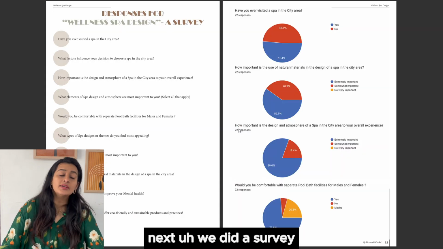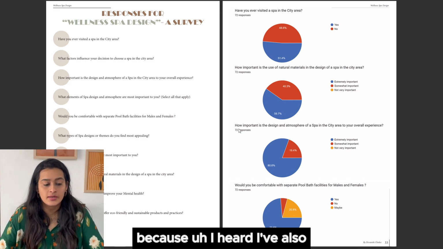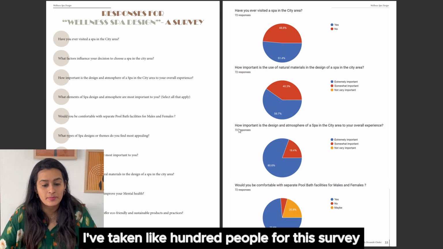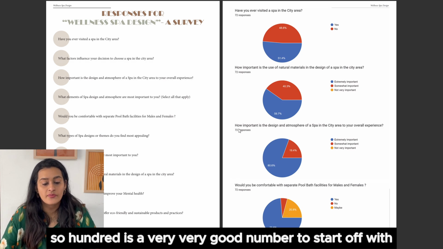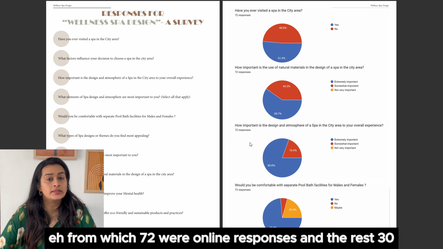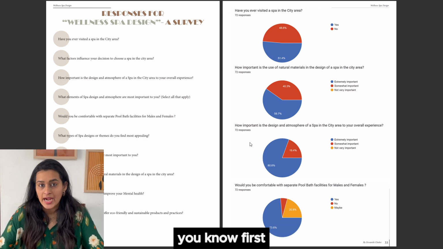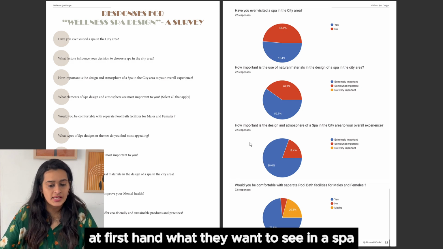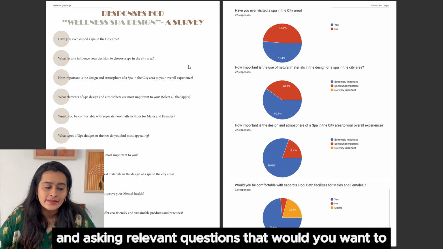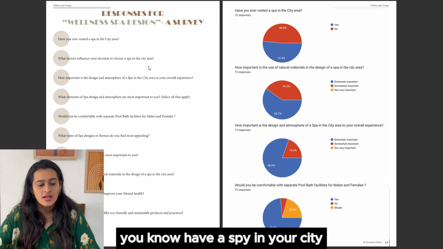Next, we did a survey. A survey becomes very important because I've taken 100 people for this survey. 100 is a very good number to start off with, from which 72 were online responses, and for the rest 30 I had taken offline responses, wherein I asked people first hand what they want to see in a spa, and asked relevant questions, like would you want to have a spa in your city.